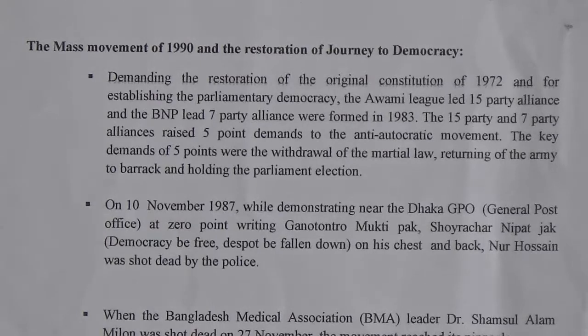After this, the mass people were very agitated, and the agitating people got more violent, and General Ershad declared emergency. Then he ordered the arrest of Sheikh Hasina and Begum Khaleda Zia. In 1988, Sheikh Hasina was attacked by hoodlums sponsored by the Junta.